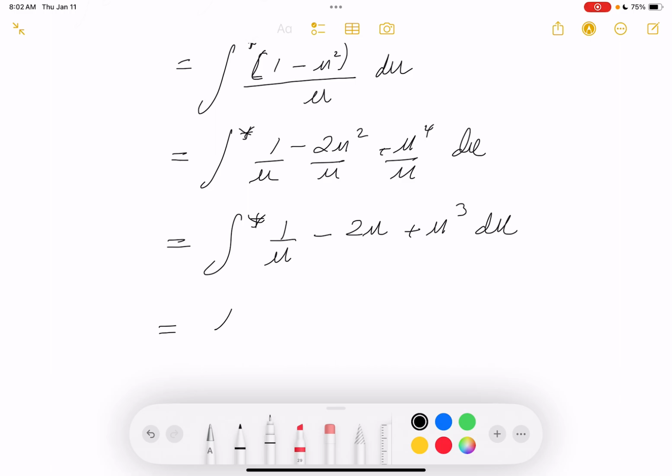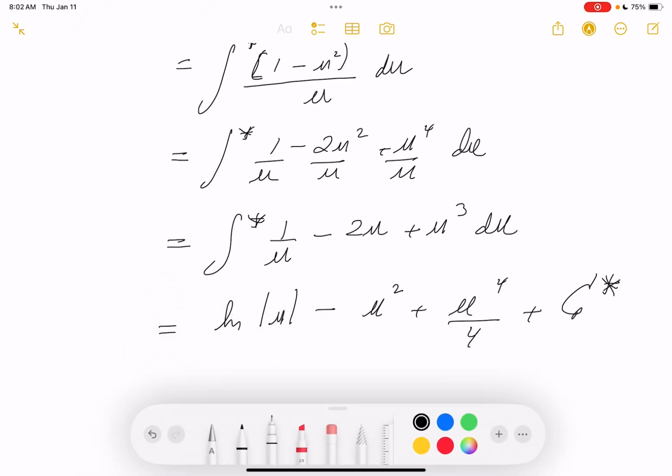What's the antiderivative of 1 over u? It's the natural log of the absolute value of u, minus, this would give me u squared now. All right, you increase the exponent by 1, divide by 2, and the 2's cancel off. Then what do you get? You get u to the 4th over 4 plus some constant of integration.